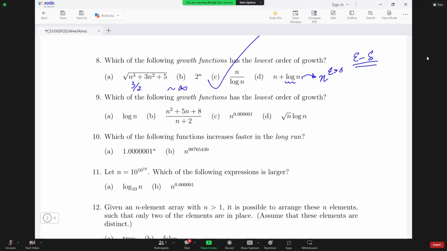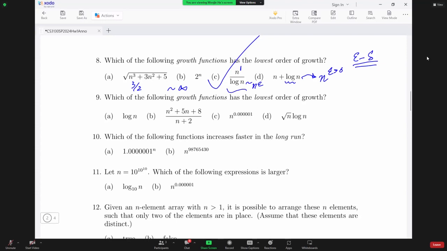All right, then this one. You have 1 at the numerator, but the denominator is epsilon, right? Based on our understanding, epsilon at the denominator.